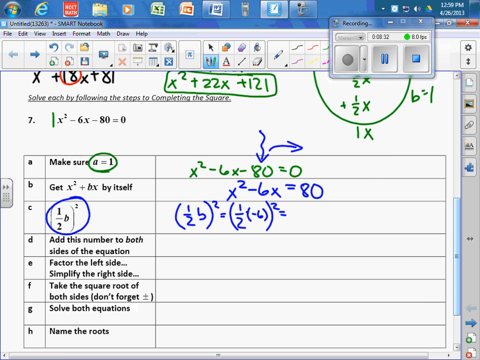What's -3 squared? +9. We're going to take that number and add it to both sides of this equation. So I have my x squared minus 6x equals 80, and I'm going to add this 9 to both sides.